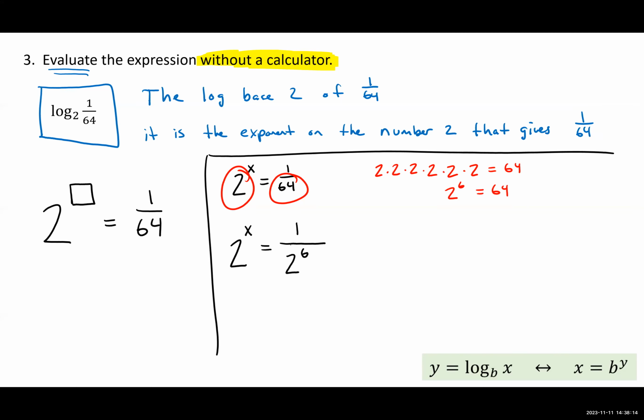Well, on the right, we've got 1 over 2 to the 6th, but we have a rule of exponents. A negative sign in the exponent means reciprocal. So 1 over 2 to the positive 6 is the same as 2 to the negative 6. So 1 over 64, we could rewrite as 2 to the negative 6th power.